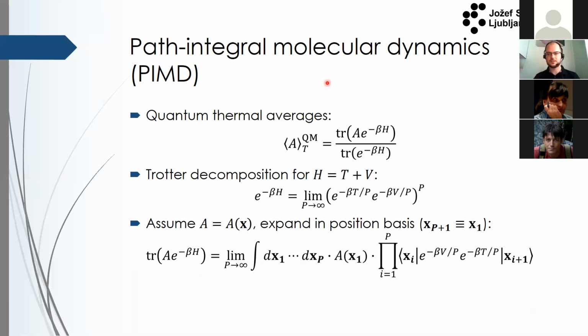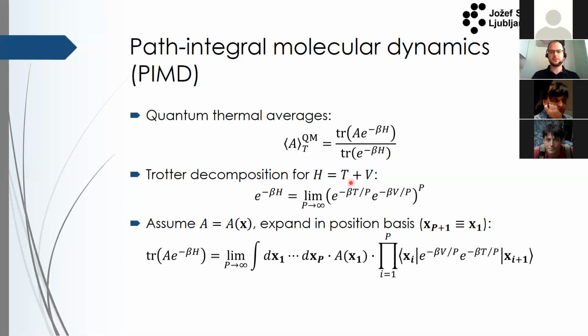So this is just a short foray into some theory, but you don't have to understand or track every equation here. This is just to give you an idea that this is not some kind of black magic, that this is actually sensible. Okay, so in quantum mechanics, we are interested in thermal averages. So this is defined as a trace of some observable times the exponential of the Hamiltonian operator.